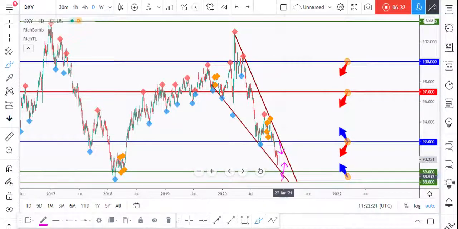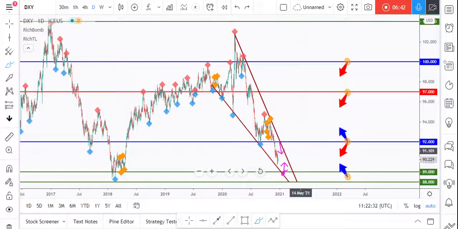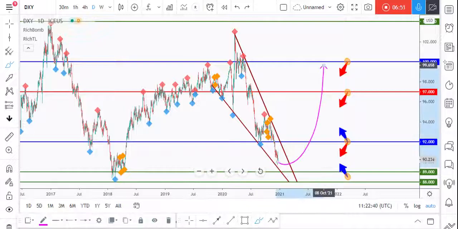We'll be looking for buy and sell around here on lower time frames like H4, H1, and M30. As long as it's trading inside this wedge pattern, we'll be looking for sell and buy opportunities inside it. And from a long-term perspective, we're waiting for a break of the structure of this wedge pattern for a long-term trend reversal.